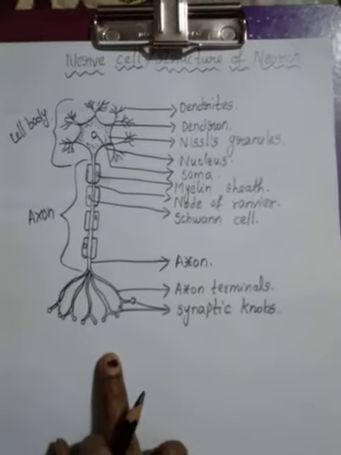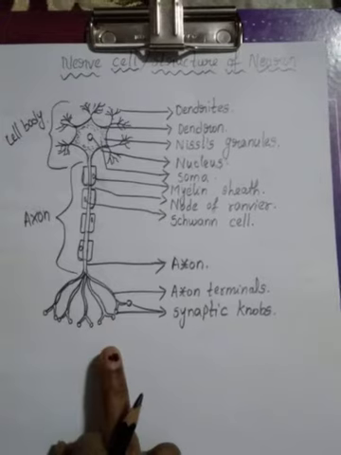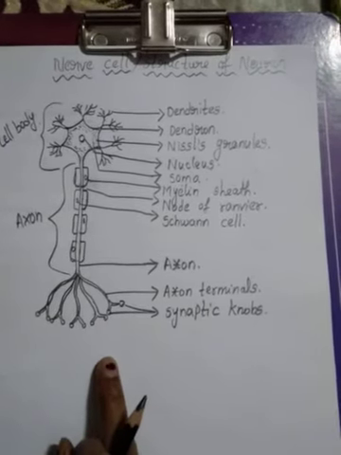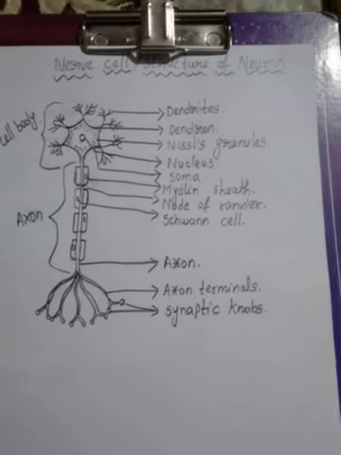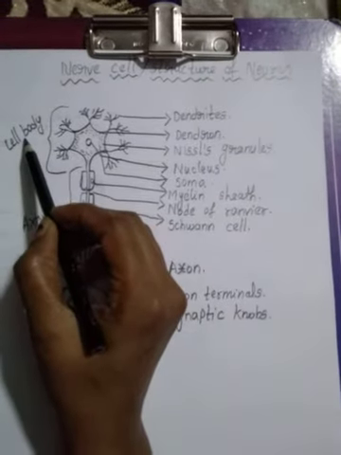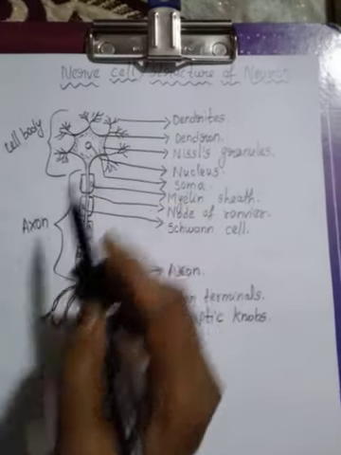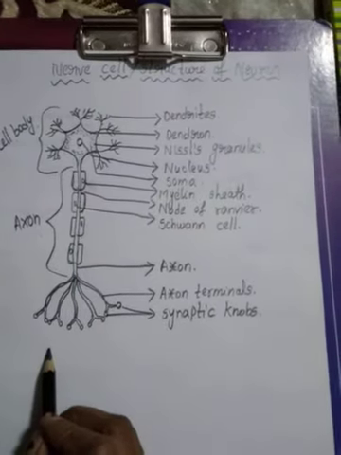When we come to this nerve cell, we can find the cell body, axon part and dendrites, and nerve fibers also.